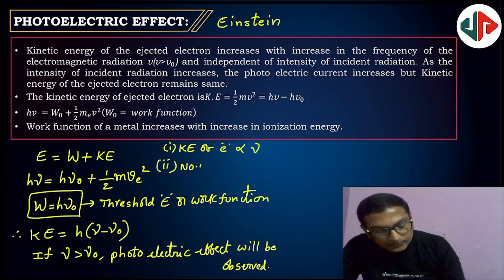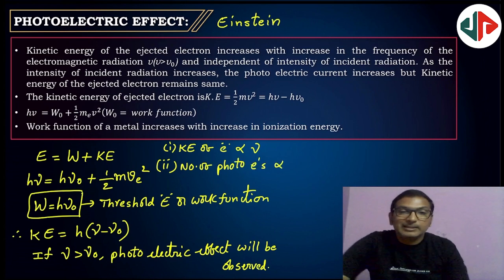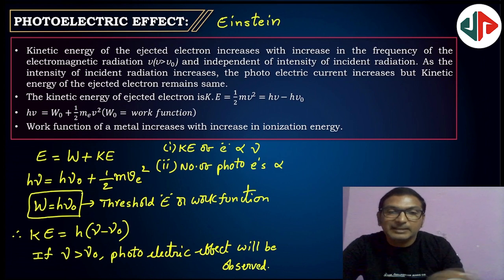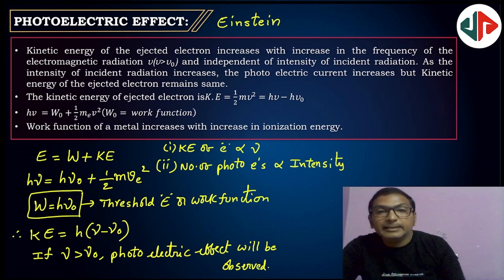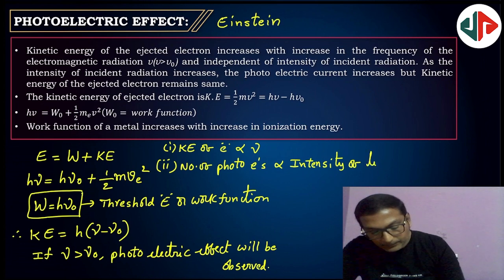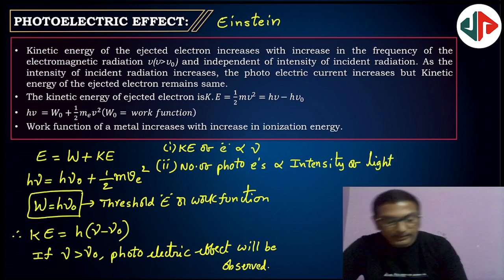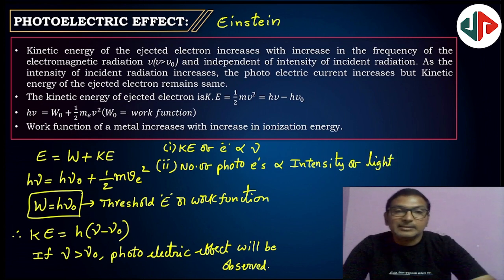Next, the number of photoelectrons, meaning electrons ejecting from the metal surface, is directly proportional to the intensity of incident light. Remember these 2 points. Kinetic energy is directly proportional to frequency. Number of photoelectrons is directly proportional to intensity.